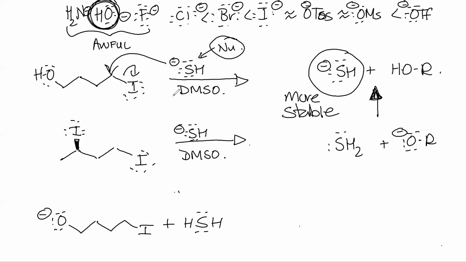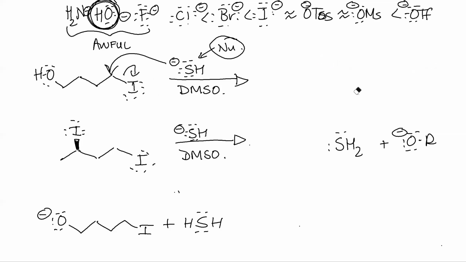So our product will be the OH is going to stay, SH. And our leaving group, the iodide, this negative charge is also stabilized in this great big orbital for iodine.